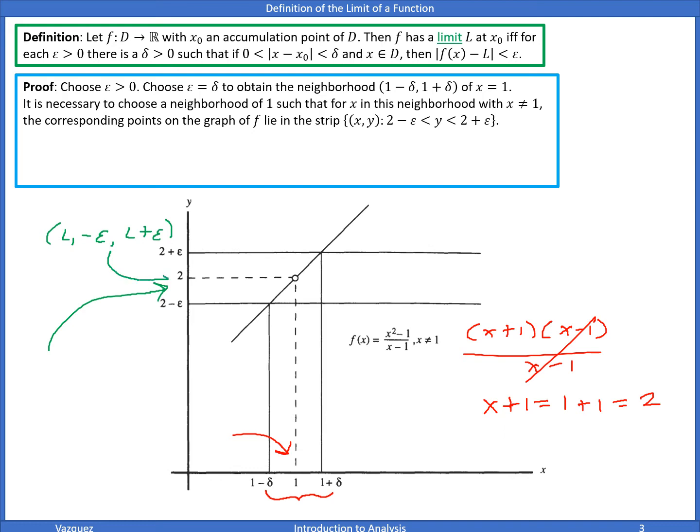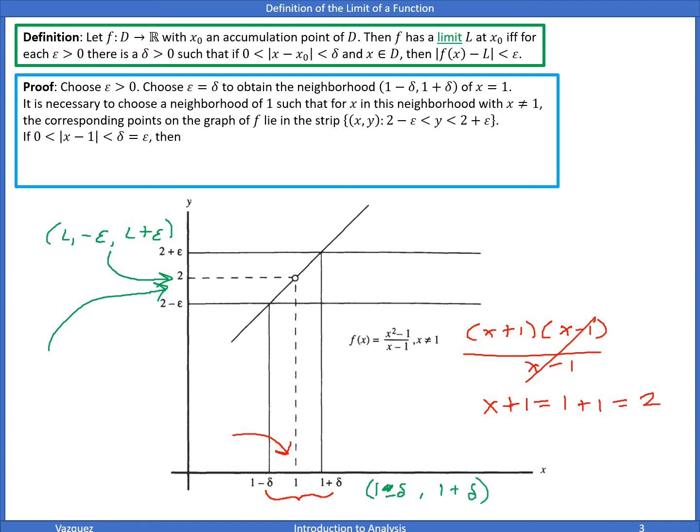That's this neighborhood. Over here we have the delta neighborhood around x, so in this case, 1 minus delta to 1 plus delta.